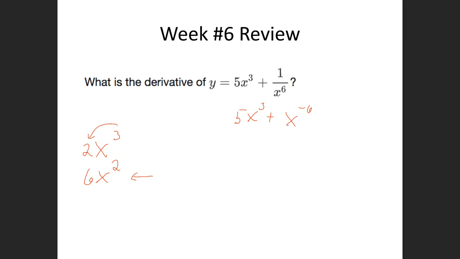Then I would just use my power rule. So this would give me 15x squared plus negative 6x to the negative 7th power. That is my derivative for this function. So I would just rewrite it as y prime is equal to that. So if I wanted to know the slope of a tangent line to this graph, I would use this equation to find it.